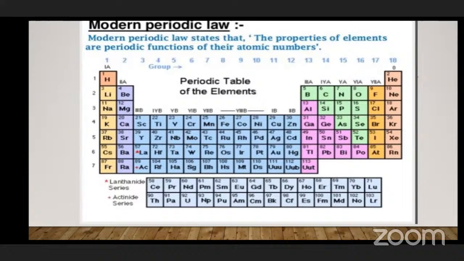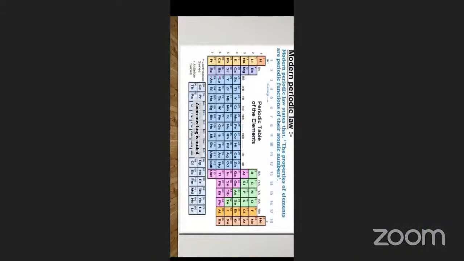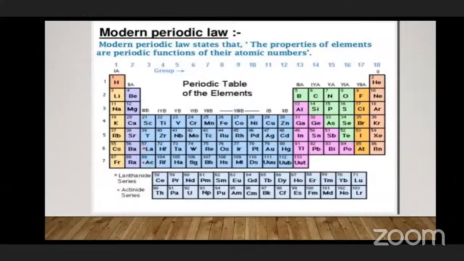We will observe the periodic table. 7 periods. The horizontal rows are periods. Similarly, the vertical columns are groups. So if we observe here, the groups go from 1 to 18.